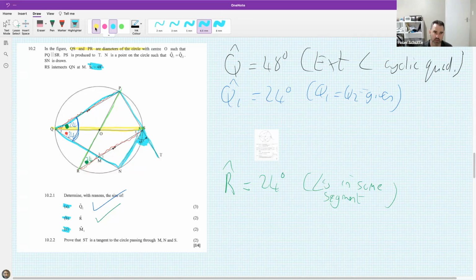So where is M1? M1 is sitting over here. So what is M1 going to be? There's probably a couple of ways we could get there, but what way would you use to get there? We do have diameters as well, I suppose, that we haven't, have we used them all up yet?